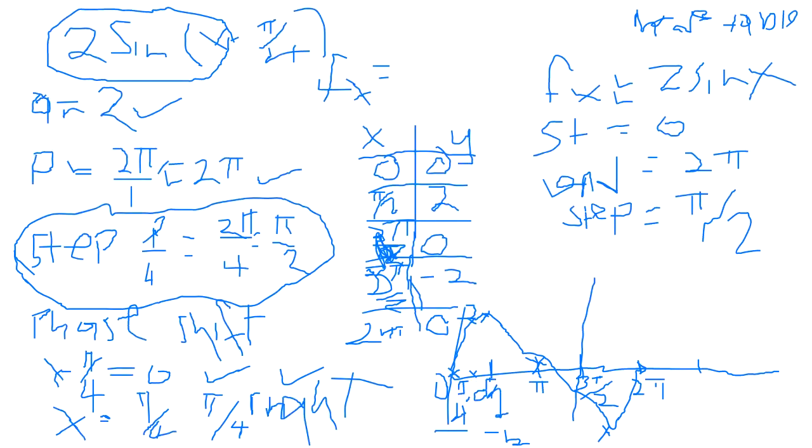This point will come here. Half plus 1 over 4 will give us 3 over 4. So here will be 3 pi over 4 and 2.